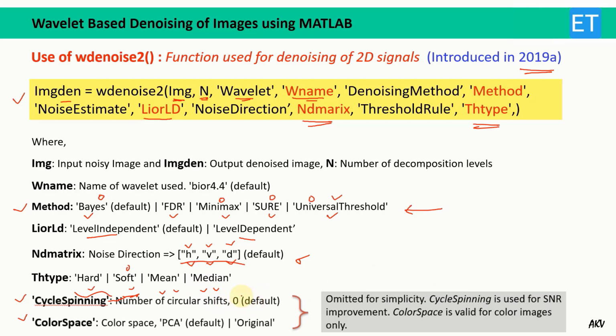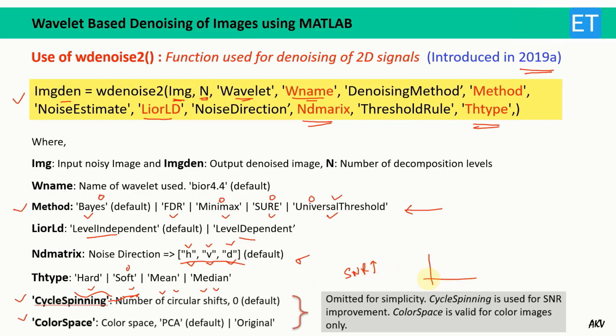If you write some non-negative integer like 1, 2 and 3, there will be a circular shift along the rows and columns of the image, and the image will be thresholded, and then at the end the average will be taken of all those versions to get the final image. It is seen that by doing this circular shift, there is a slight improvement in SNR.